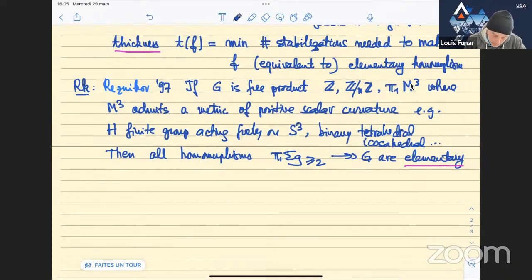Okay, so let me give you a first, let's say, easy proposition, which is specifying what T of F is.